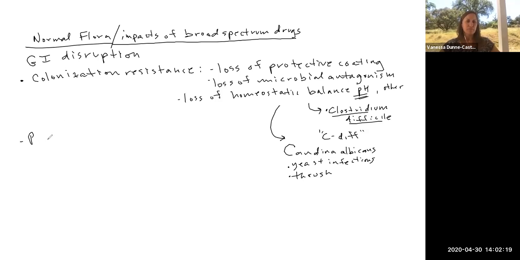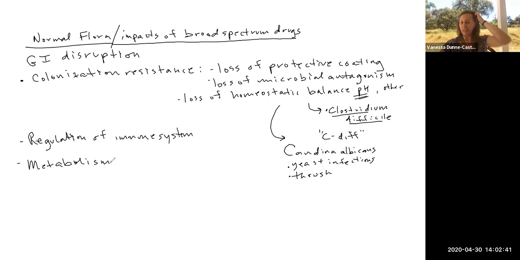So regulation of our immune system can get out of balance. Metabolism. Remember that our normal flora contributes to maintaining our metabolic activity, producing vitamin K as well as other basic nutritional components.